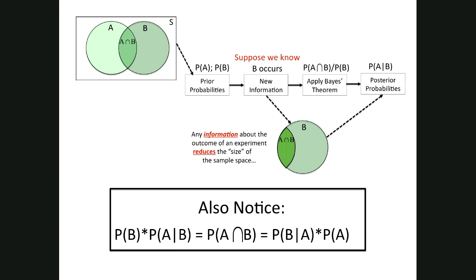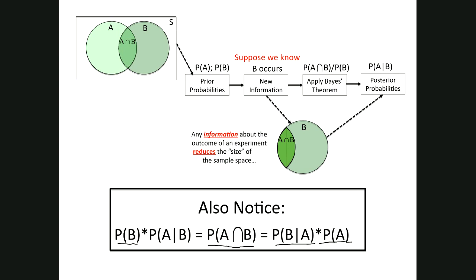By applying this definition, we know that the probability of A and B, which is this intersection, is the probability of A given B times the probability of B. And if we just reverse those and apply the definition, it's also the probability of B given A times the probability of A. We're going to see how we can apply this definition in some examples that are coming up.